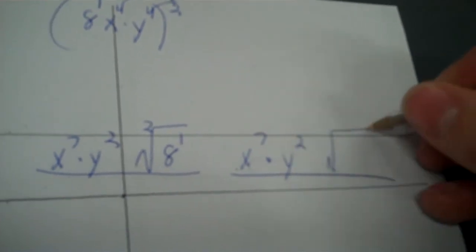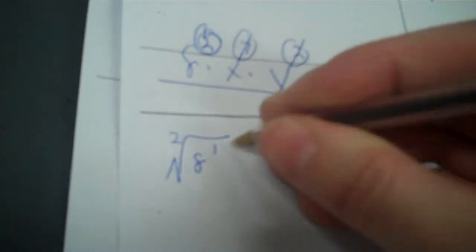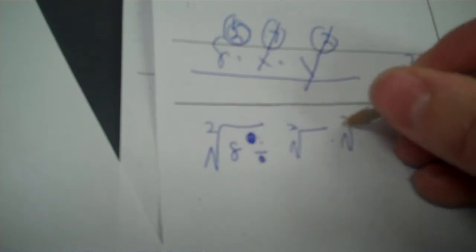How about the square root? Well, there's no letters inside. I need to come down here and simplify what is on the inside. It's 8. It's a square root, so go to the right list, okay? So 8. Not here, so I divide. 8 divided by 4 is 2.